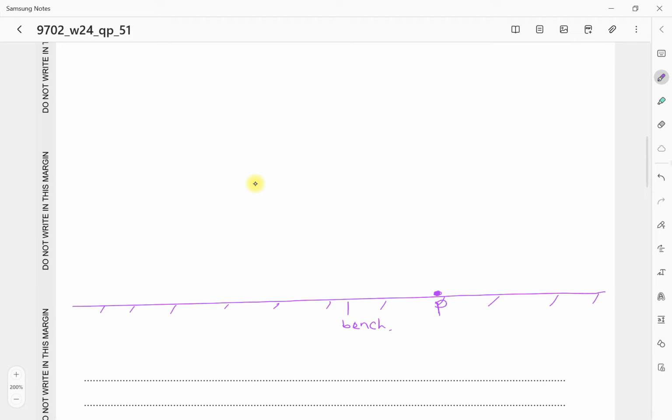I'm going to put a light gate somewhere here.